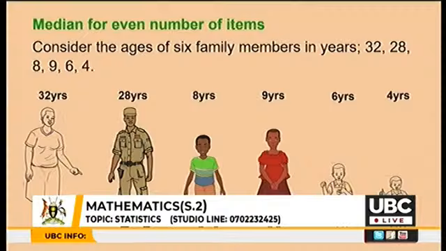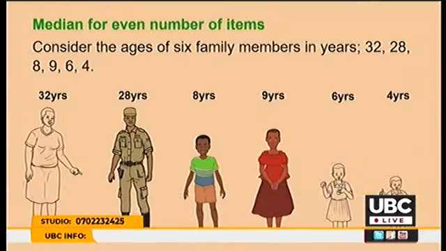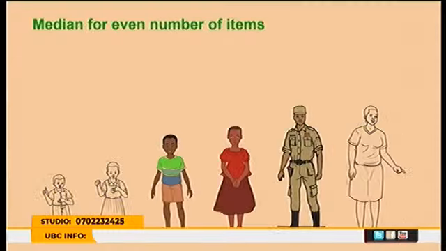As you can see on your screen, we have different ages for different members of the family. The first member is 32 years, like it has been shown, and we are going to look at median of these members.